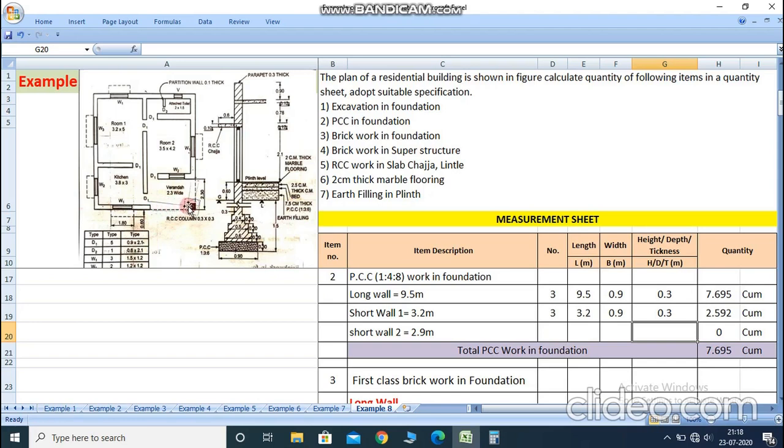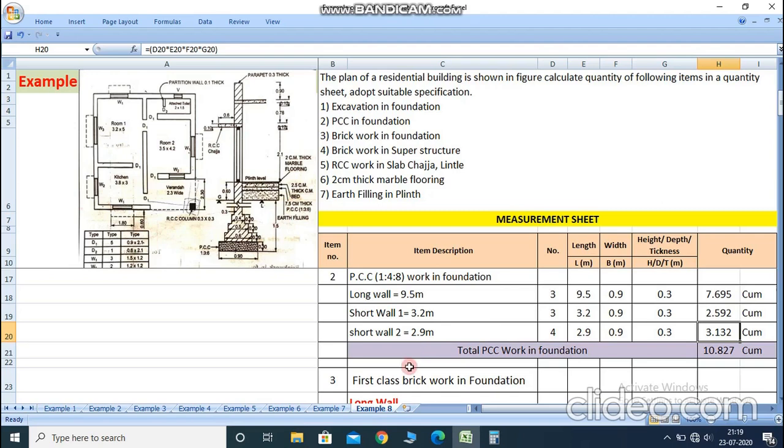So here we calculated the fourth wall. Counting here 4, and the length we calculated is 2.9, and width is already given in the section part as 0.9 and thickness is given 0.3. So the total multiplication of the values is 3.132 cubic meter. Now the summation of 7.695, 2.592 and 3.132 is 10.827. It's the final value in cubic meter. It's the total PCC work in a foundation.